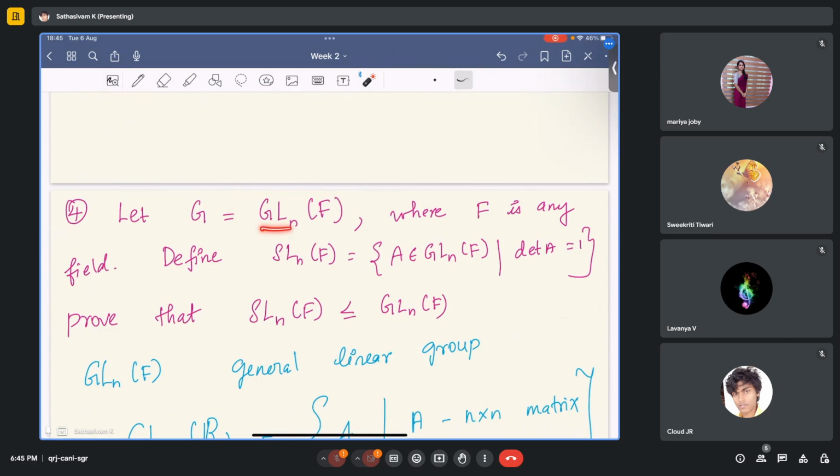So in some sense it's impossible to study all the subgroups of GLn. But some other groups you can study. For example, dihedral, quaternion, and abelian groups, we can study all the subgroups. But GLn is one such group that has so many subgroups inside.